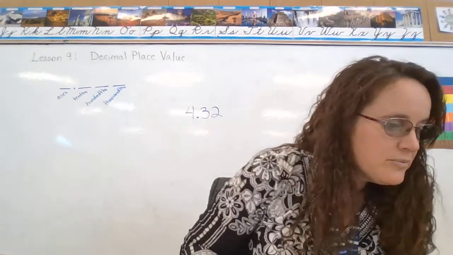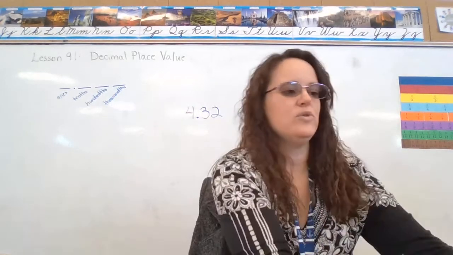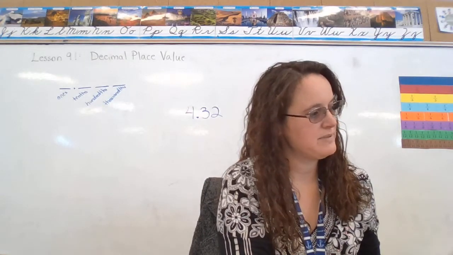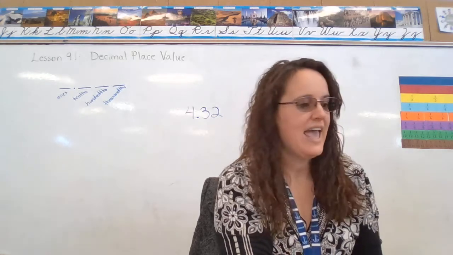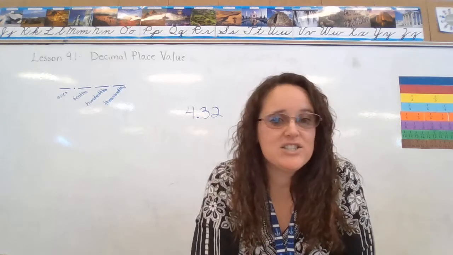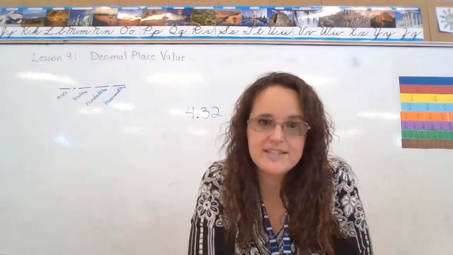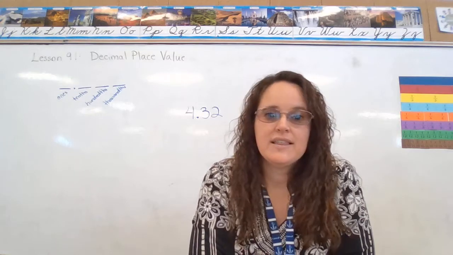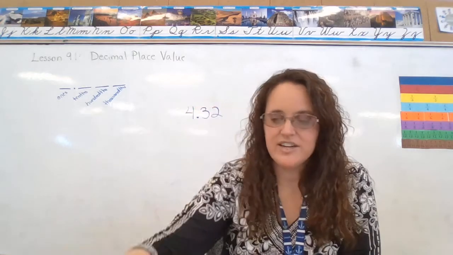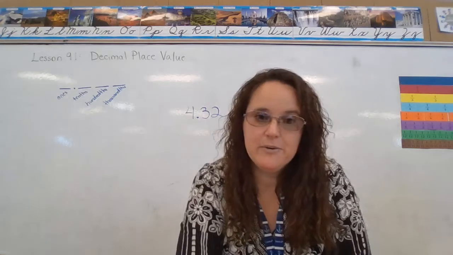So if you look in your book on page 579, they actually show you a picture of something that's in the thousandths place. It's called a mill, and a mill is 1/1000th of a dollar. It's so tiny and insignificant that we don't even have those coins. We don't use thousandths of a dollar. We only go as small as hundredths of a dollar. But the thousandths place would be a mill.